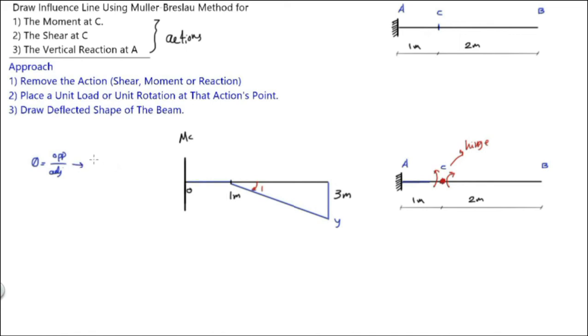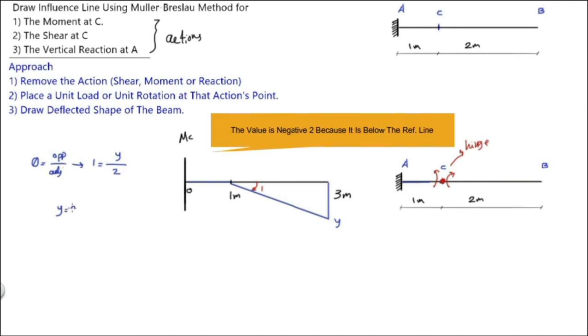And we have the angle is 1 and the opposite is unknown, while the adjacent is 2 from the question here. So y equals 2. So this value here is 2.